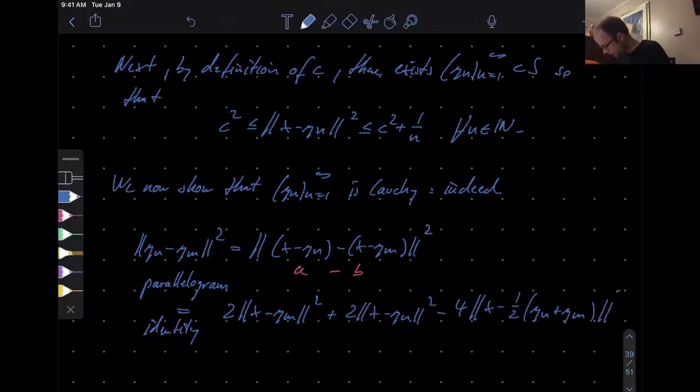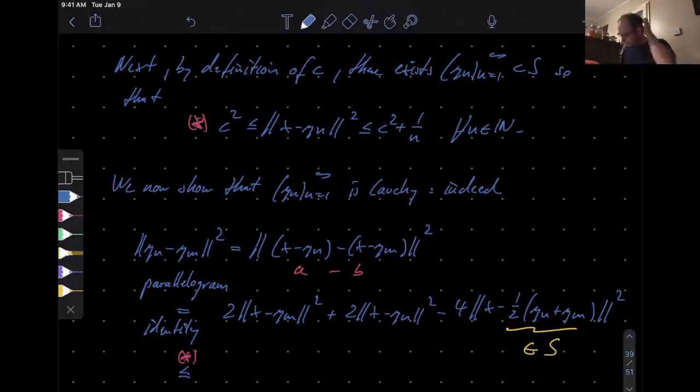Okay, one more time, since yn is a sequence in S and S is convex, that means this guy is in S. So you have a bound for it through the minimizer. For the first two terms, you're going to use this line up here.